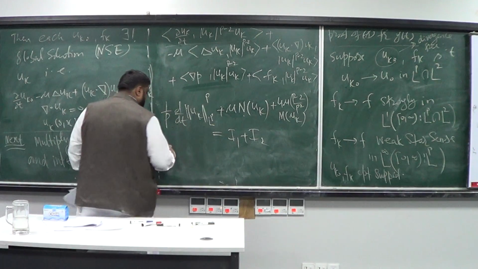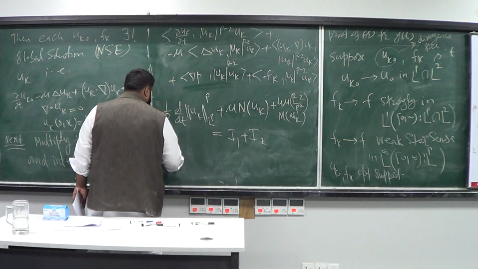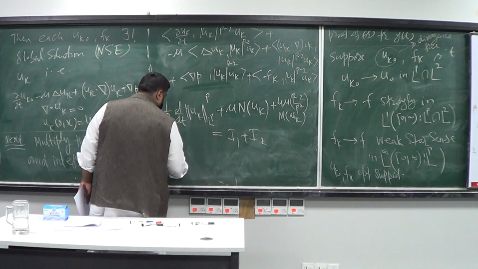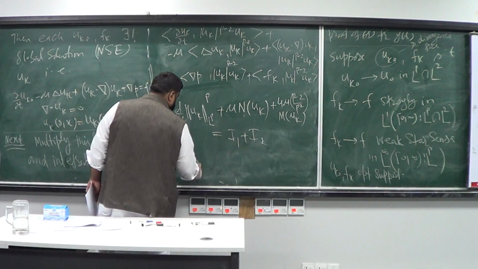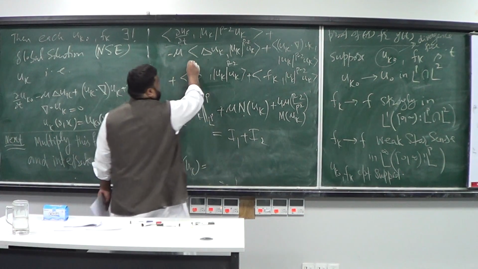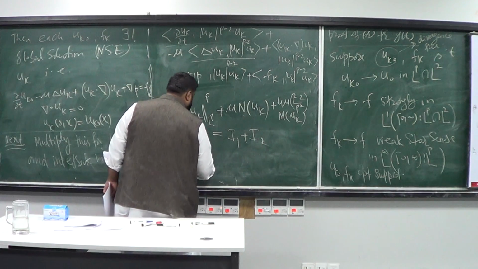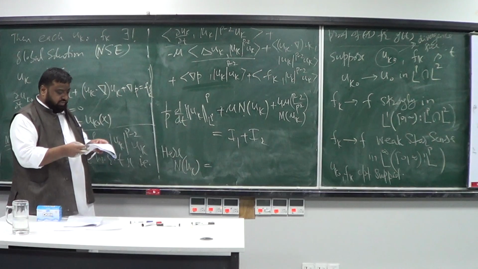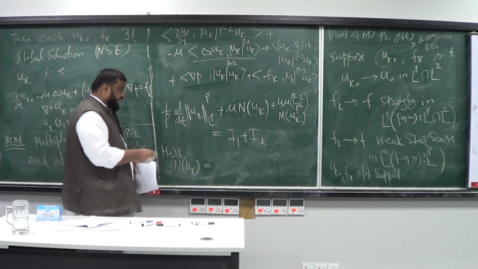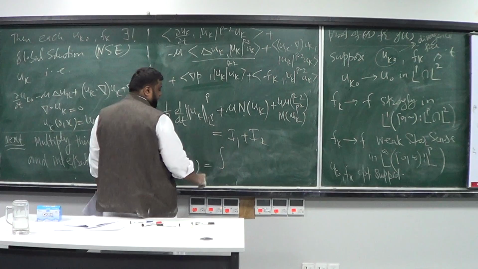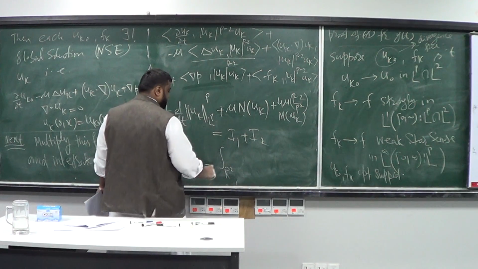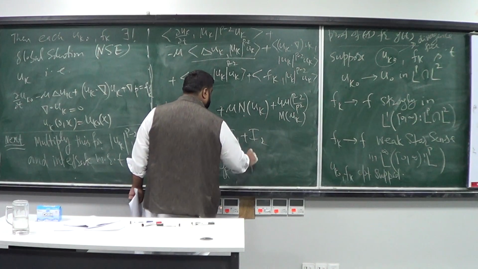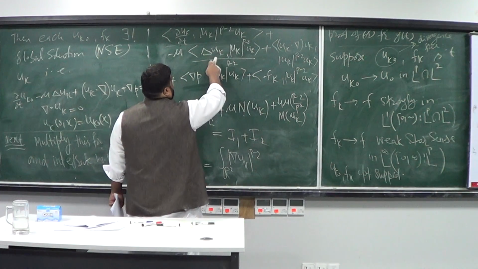So let me write it explicitly, where N of UK, that is basically this term, can be explicitly written, so you have to think a bit carefully, as the integral over R2 of the gradient of the UK power p minus 2 times UK.